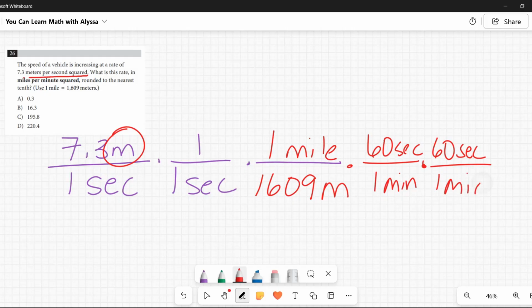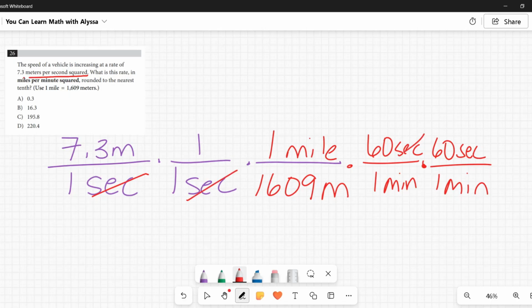I'm just writing ratios that are true because I want all the unwanted measurement terms to be gone. Second times a second is gone, the meter is gone, and I'm left with miles per minute times minute, miles per minute squared.